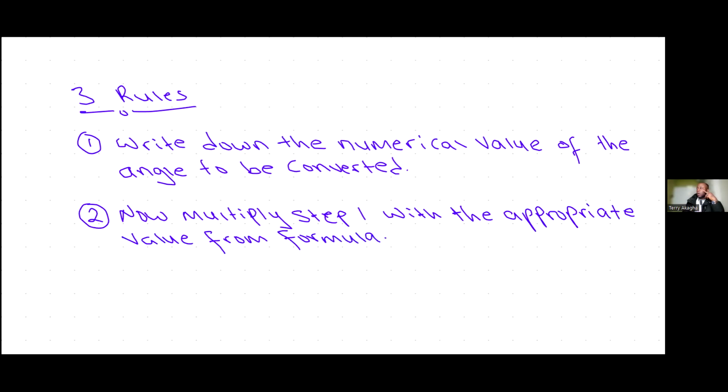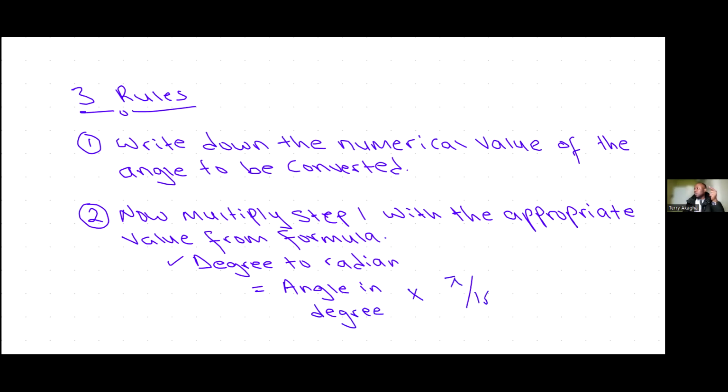So if you're converting from degrees to radians, you multiply the angle in degrees by pi over 180 degrees.